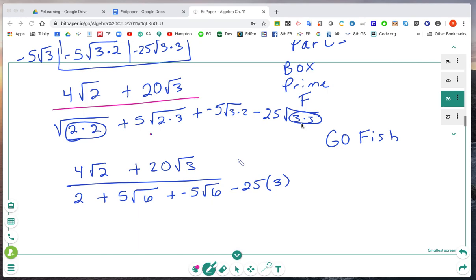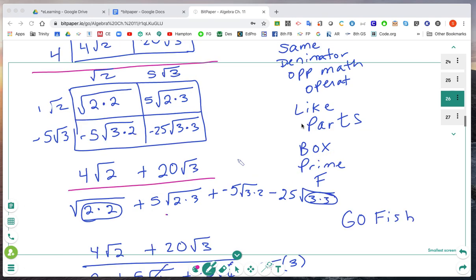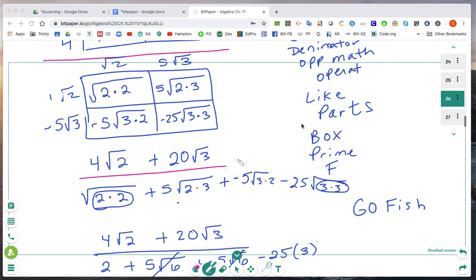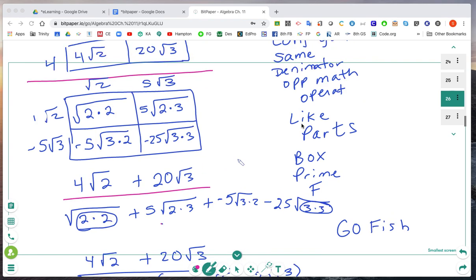Now you'll notice here that these two terms cancel each other out. Now you could have also seen that those two terms cancel each other out up in the box here. And if you did see those two up here, then you don't have to write them down here. It'll be one less step.